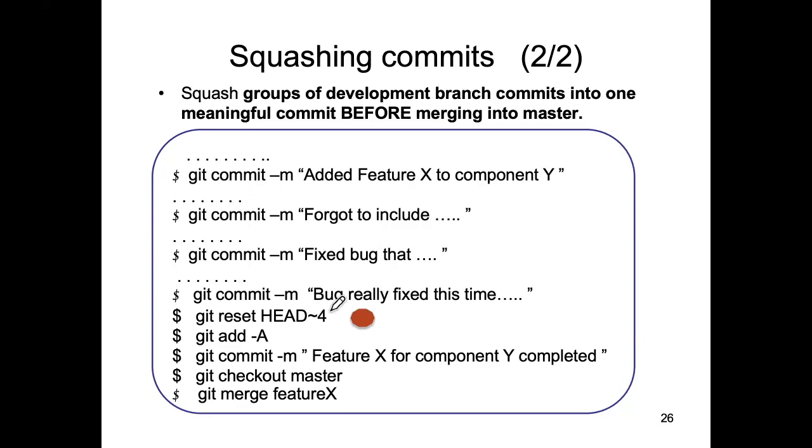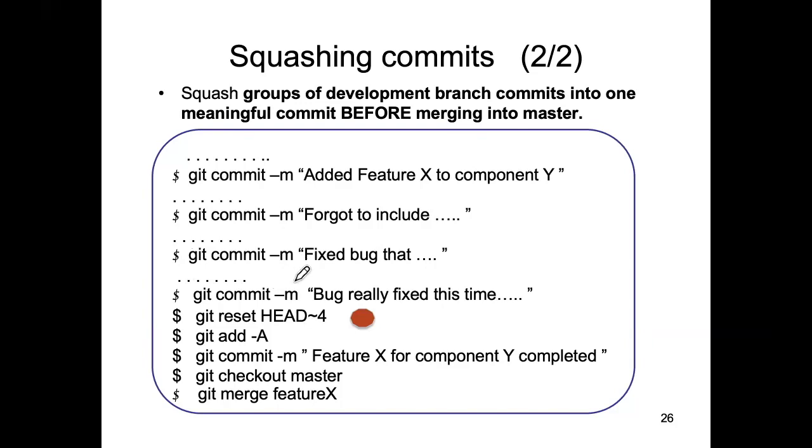So essentially, the effect of this is to remove these commits from the repository, but all of the edits that were done as part of those commits will still be present in your working directory. So it's as if you never did these commits at all, but you did carry out all of these edits. These are still reflected in your working directory.